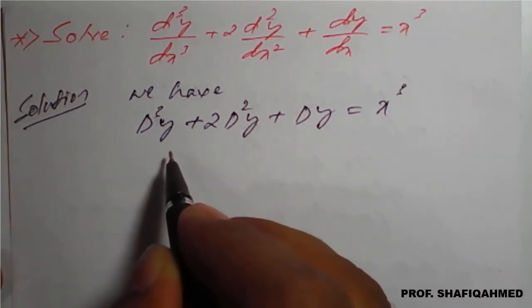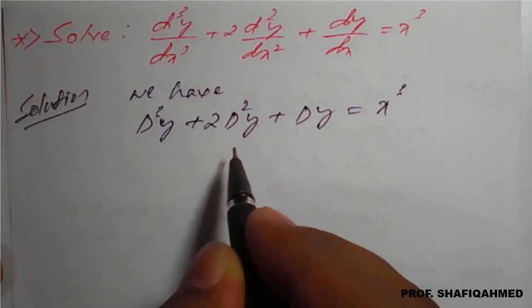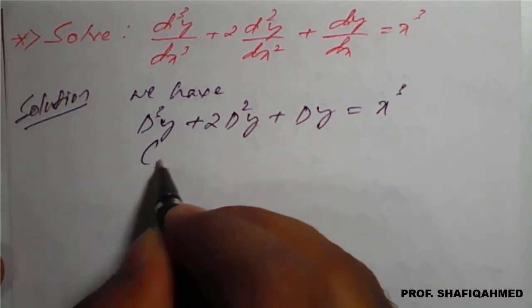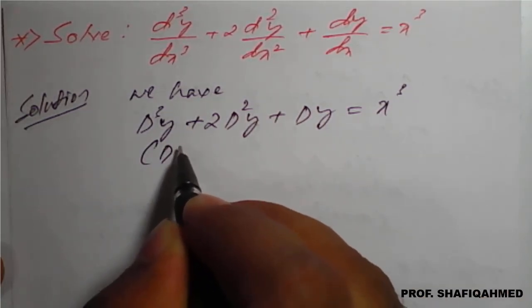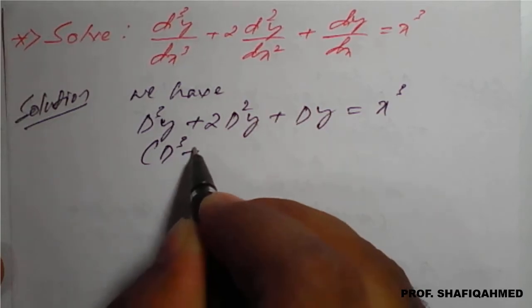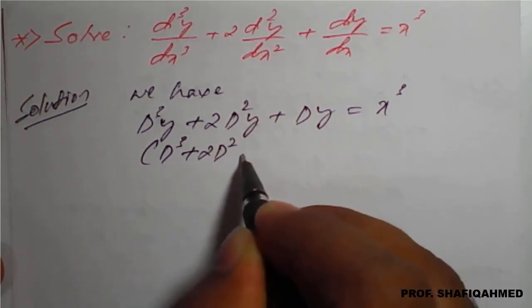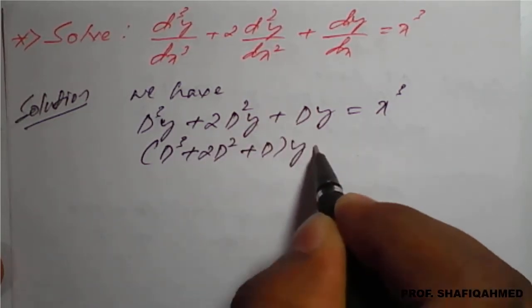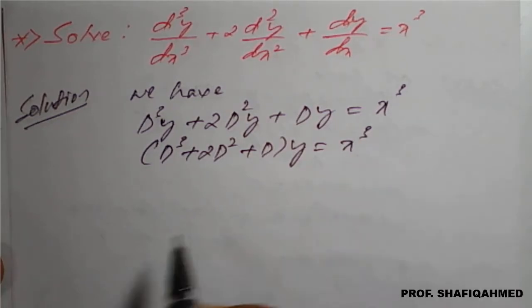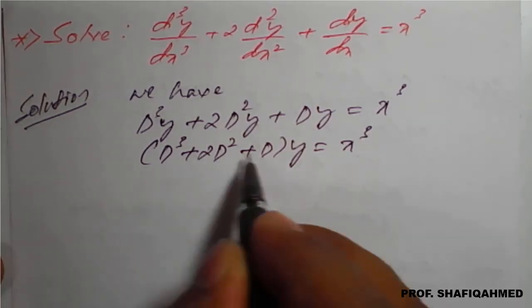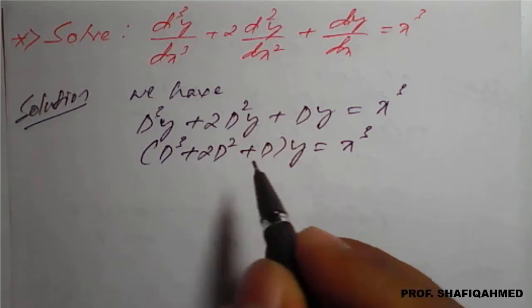So from the left hand side we are going to get a complementary function. Therefore we'll take y common, so we'll get d cube plus 2d square plus d of y equal to x cube. From this we are going to get a complementary function.